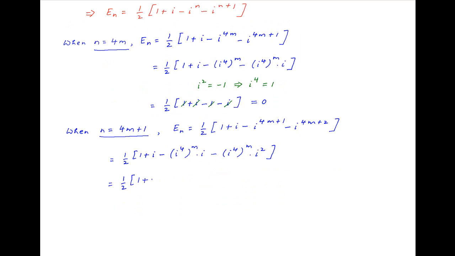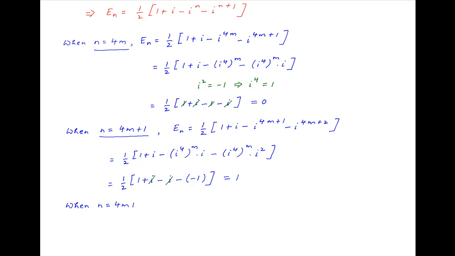Now since i square is equal to minus 1 and i raised to the power 4 is equal to 1, En is equal to half of 1 plus i minus i minus of minus 1. i cancels inside the brackets, and therefore the value of En in this case is equal to 1.